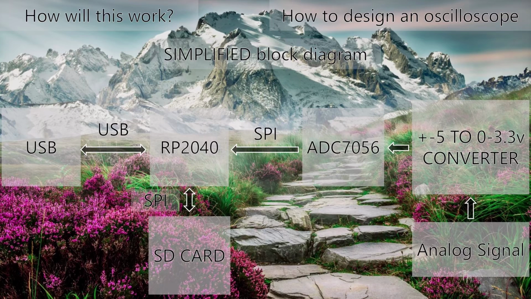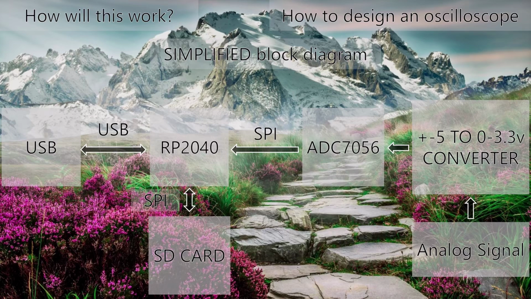The USB and RP2040 are directly connected and use the USB protocol, whereas the SD card is connected to the RP2040 via the SPI protocol, or Serial Peripheral Interface Protocol. This is the same with the analog to digital converter, but it is only in one direction.